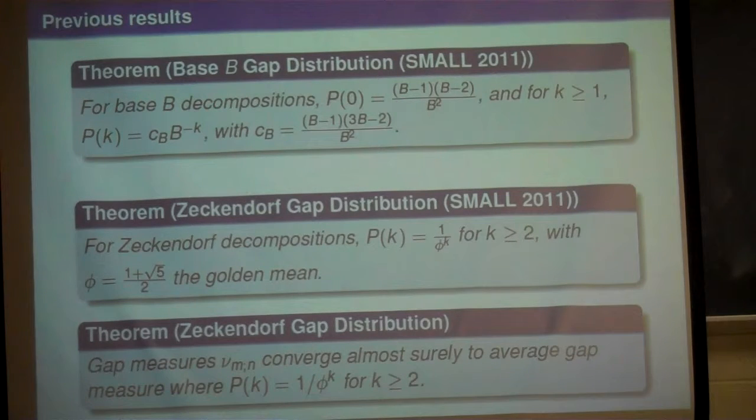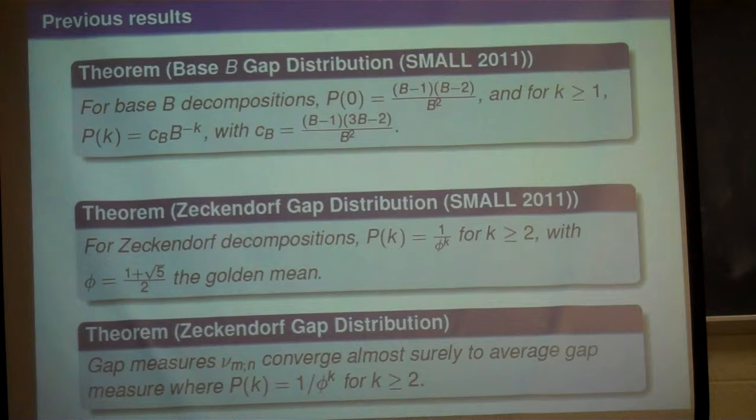Alright, so let's look at some previous results. SMALL 2011 did some work with base B decompositions, which corresponds to throwing a die. We also have this very nice theorem from SMALL 2011, which states that for Zeckendorf decompositions, remember this P(k) is the probability of having a gap of length k.